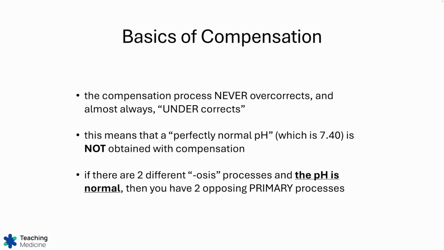So we would not label one of them as compensatory, we would label both of them as primary. And we'll go over this in more detail in future podcasts. But this single detail creates an enormous amount of confusion, so I just want to try to plant a seed before we go forward and do some more examples.